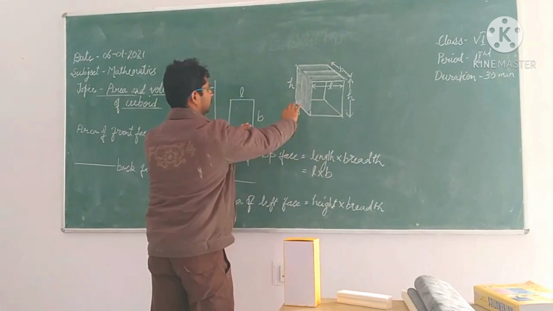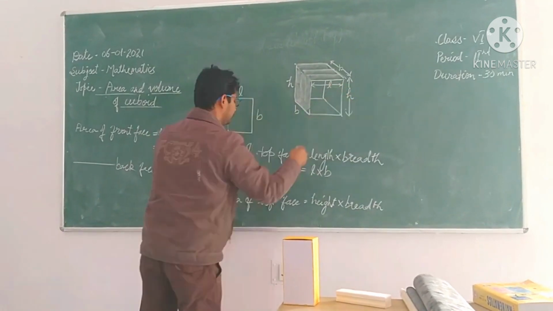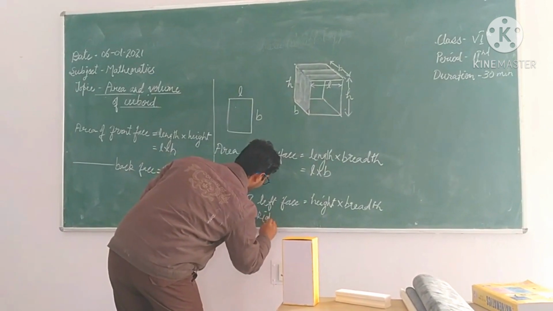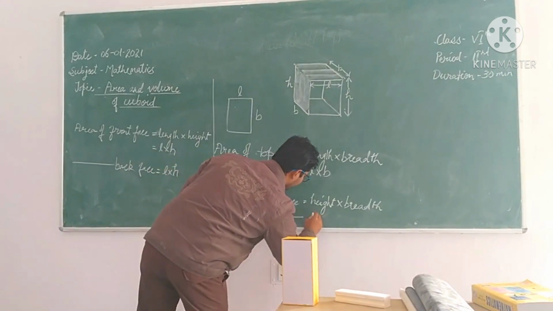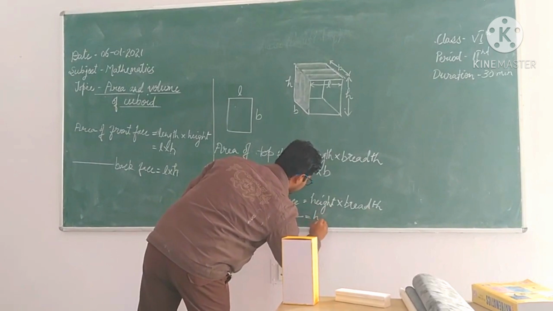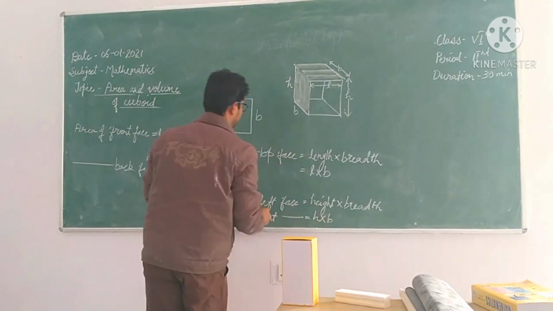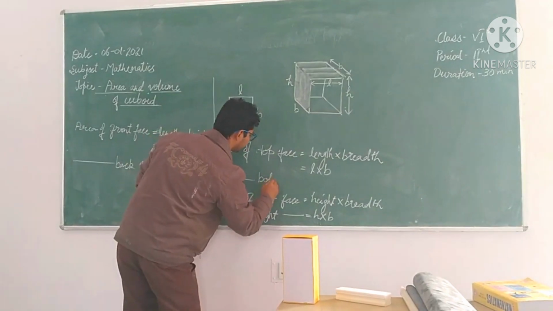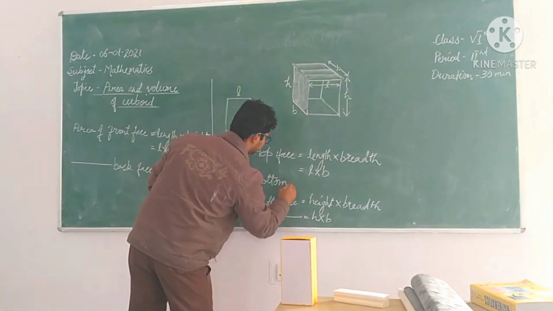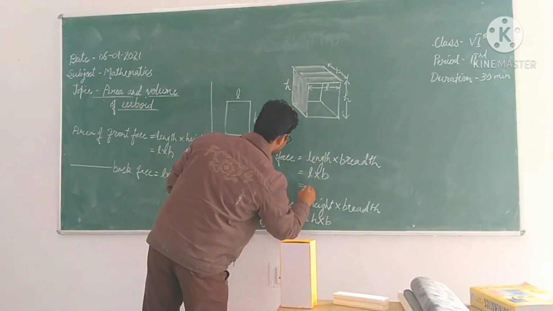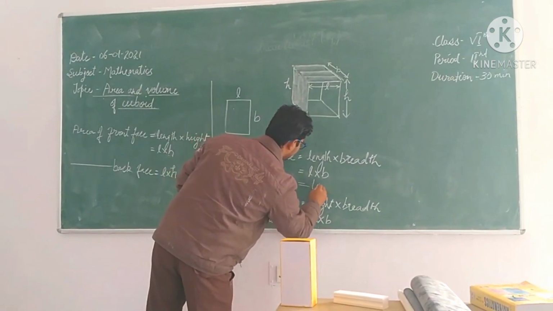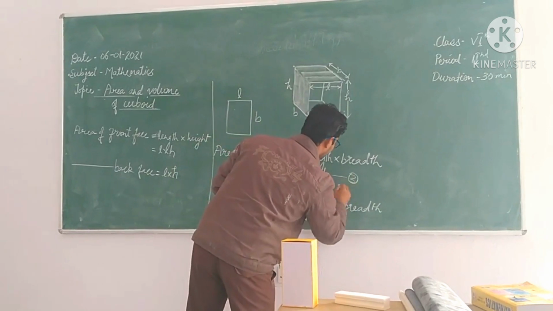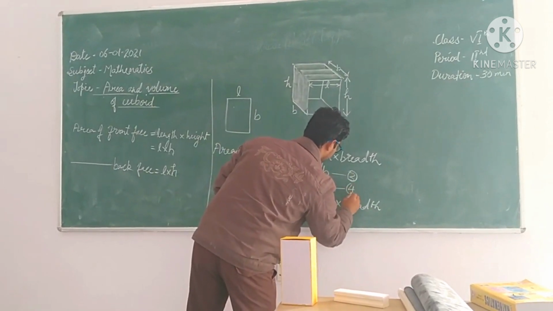And similarly, the right face area will be the same, height into breadth. And the areas of the top face and bottom face will also be the same, length into breadth.